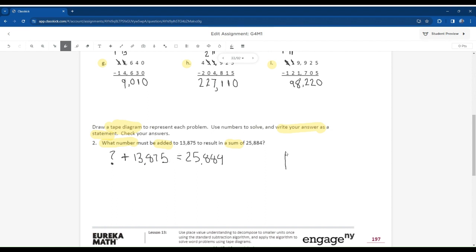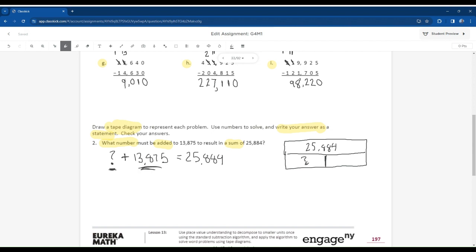And to show this as a tape diagram, it would look like this, where the sum is 25,884. So that's going to end up here. That's our whole. And here's our two parts. This is a part, and this is a part.